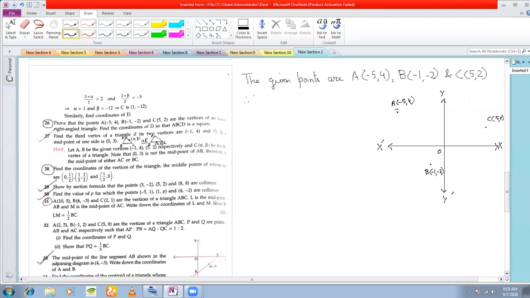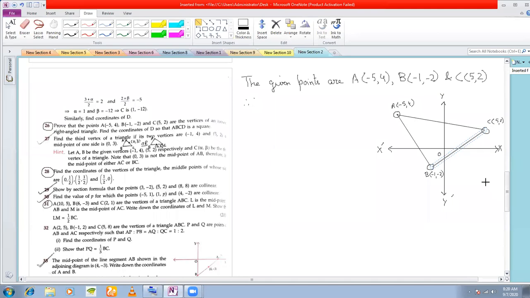Let us encircle these points and join them so that a triangle is formed. So we join the points, and we get this rough triangle, but still you don't know which one is the right angle.